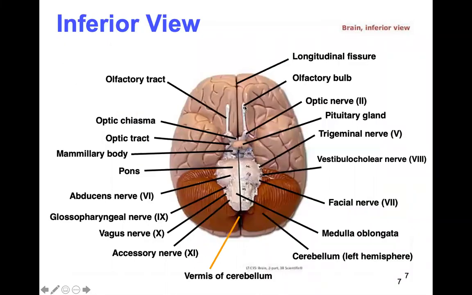Cranial nerve number 1. Here's the olfactory bulb. Here's the olfactory tract or olfactory nerve for sense of smell. Optic nerve is cranial nerve 2, where they crisscross, optic chiasm. Here's your pituitary gland.